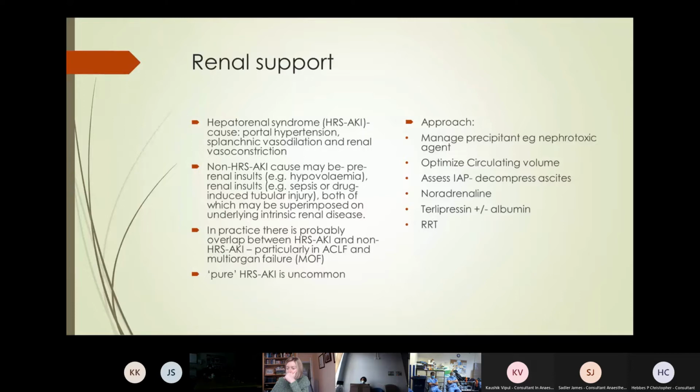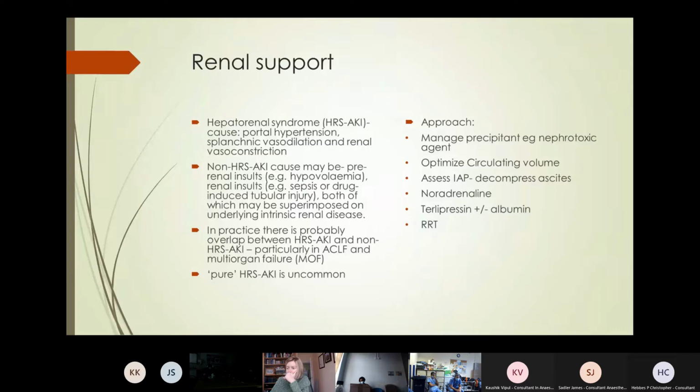Because albumin improves the volume, and when you're giving terlipressin, it will tend to decrease the cardiac output due to the vasoconstrictive effect. Also, albumin has anti-inflammatory and antioxidant effects, and that's the reason why albumin is used with terlipressin. However, it can be used alone.